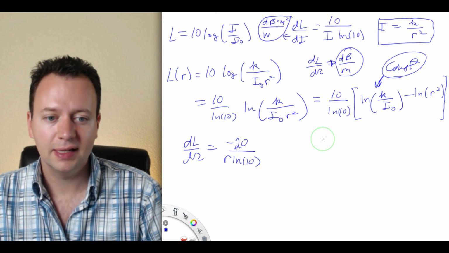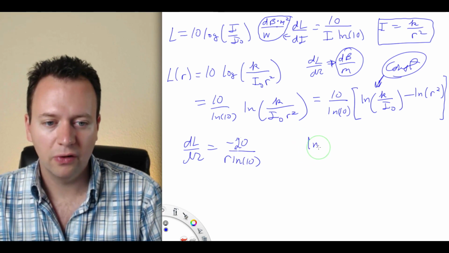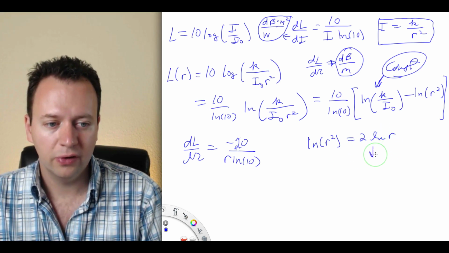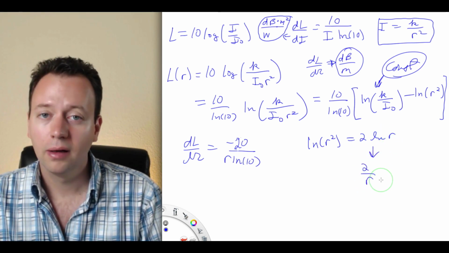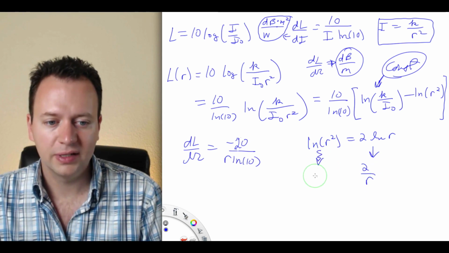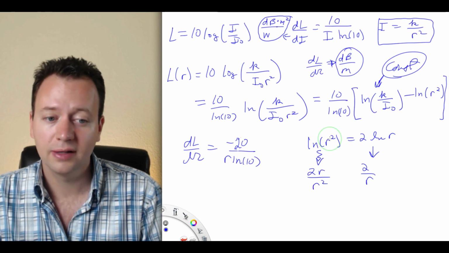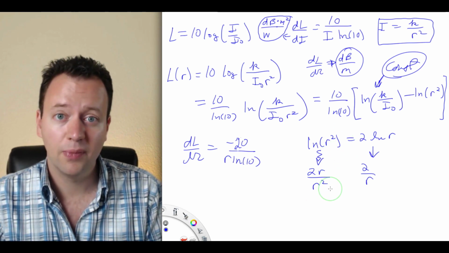There are two ways to see that. When taking the derivative of ln of R squared, first we can note that that's equal to 2 ln of R. So therefore the derivative is just going to be 2 over R. On the other hand, we can do this rule where we say it's the derivative of the inside divided by the inside. So it's 2R, that's the derivative of R squared, divided by R squared.